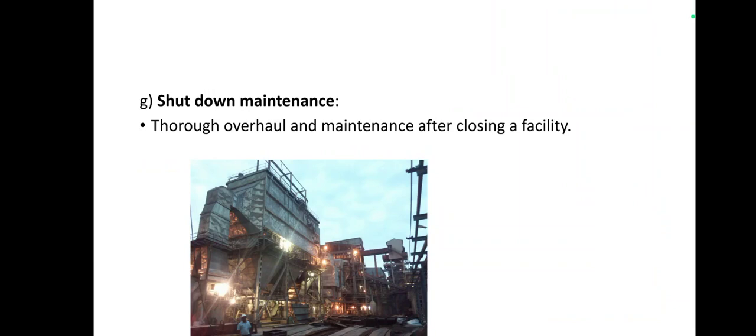They should clean the floor from the dust, and they should check whether the machines are properly operated or not. If you're not doing that, then the machine will be rusted, and in future when you resume the industry, it will create a lot of problems, and a huge amount will be spent to replace that equipment also. So to avoid that type of problem, we should do this shutdown maintenance.